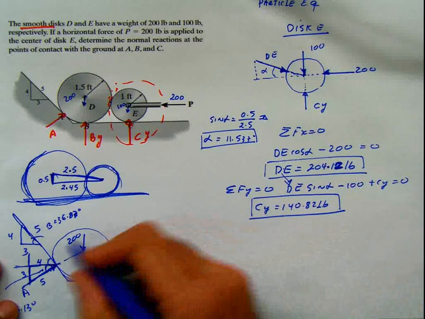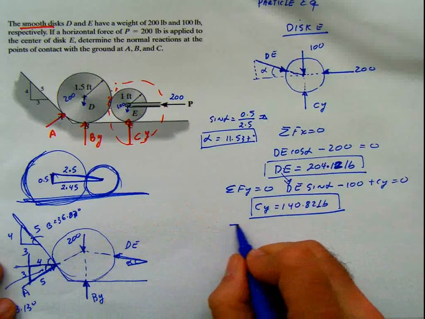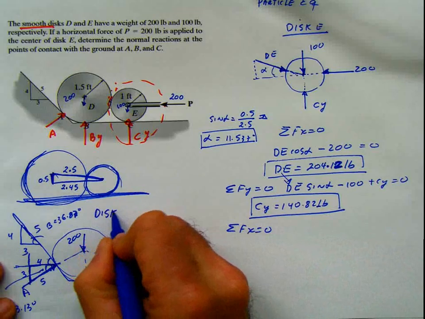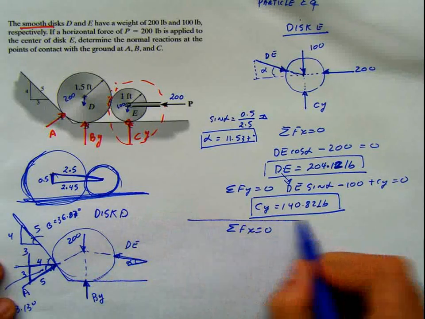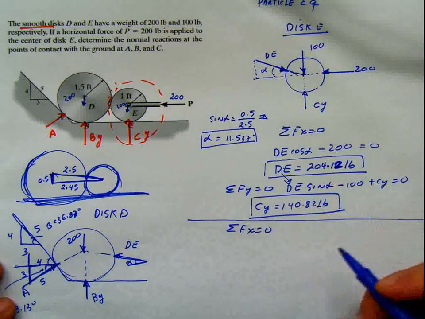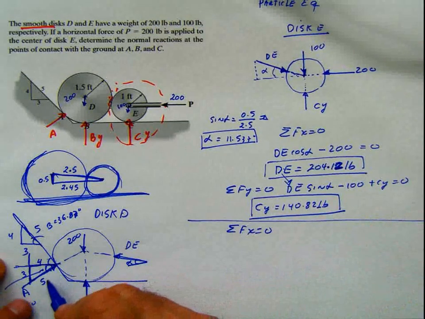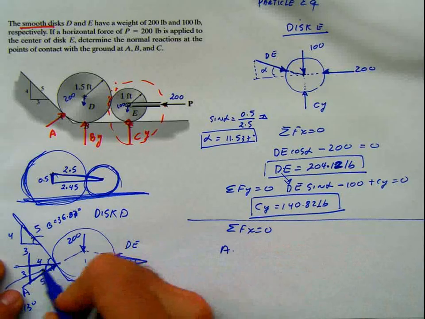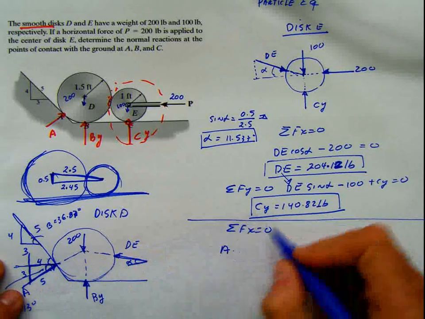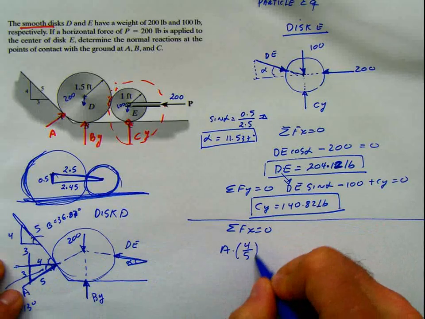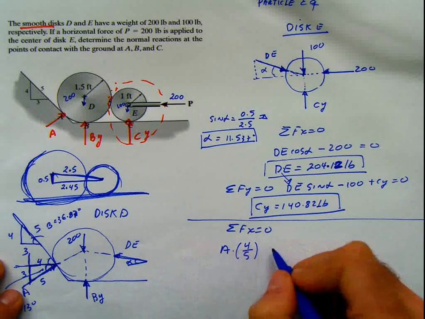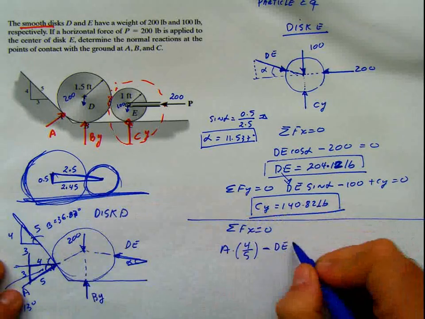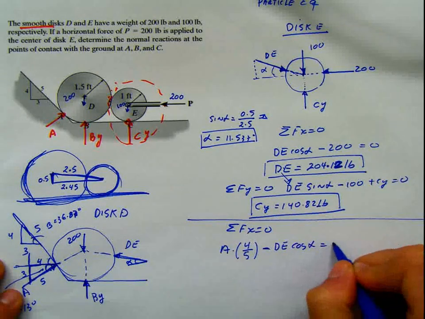Now, once we have this system, we can do summation of forces in X equals 0 for the disk D, and then we're going to have that the force A multiplied by 4/5 minus DE cosine alpha equals 0.